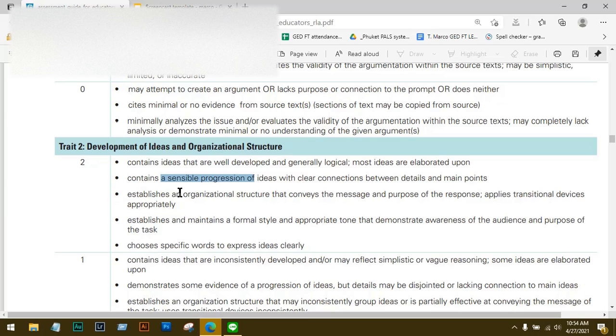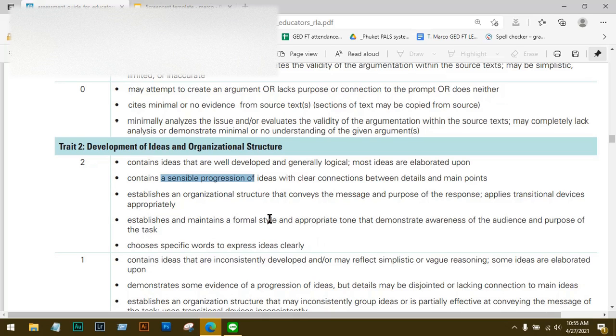It establishes an organizational structure, conveys the message and purpose of the response. It applies transitional devices appropriately. It establishes and maintains a formal style and appropriate tone, your choice of words, that demonstrates awareness of the audience and purpose of the task. It chooses specific words to express ideas clearly.